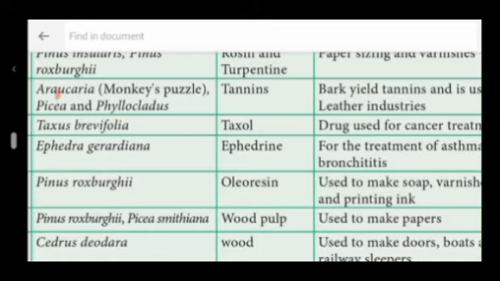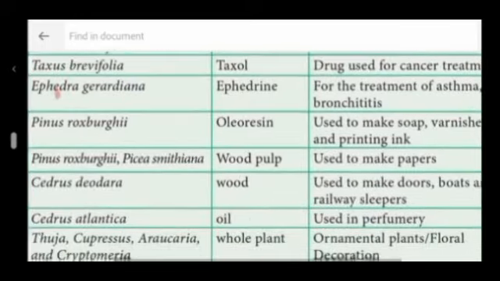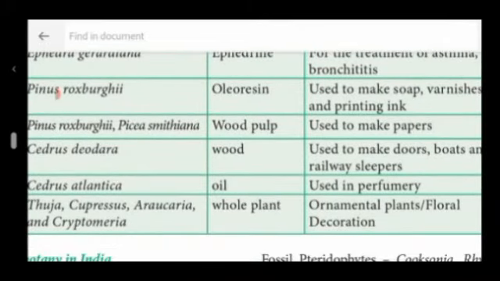The next, Pinus roxburghii gives oleoresin, which is used in the manufacture of soap, varnishes and printing ink. The next, Pinus roxburghii and Picea smithiana yield wood pulp, which is used in the manufacture of paper. It is used in the paper industries.